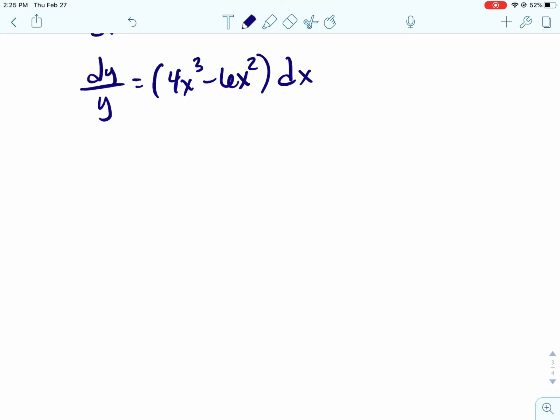Now for this dy over y, do I need to rewrite that as y to the negative 1 to find the antiderivative? No. What is the antiderivative of dy over y? The natural log of the absolute value of y.